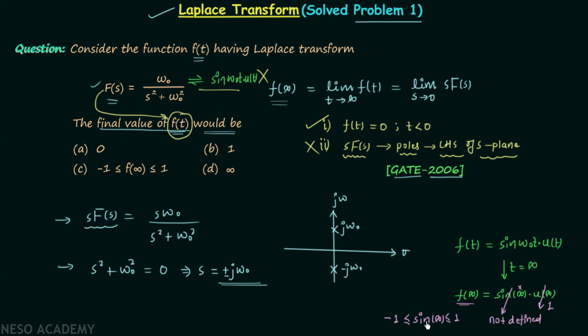So in place of sine infinity, we can write f(infinity), and f(infinity) is between -1 and 1, and it can also be equal to -1 and 1. And when you match the 4 options, you will find option C is the correct option. So this is all for this question. In the next lecture, we will deal with another problem of Laplace transform.